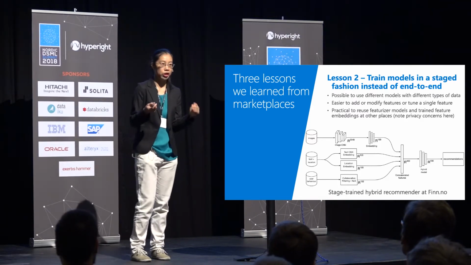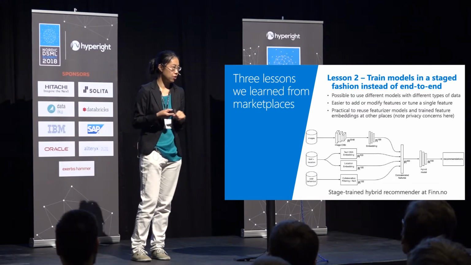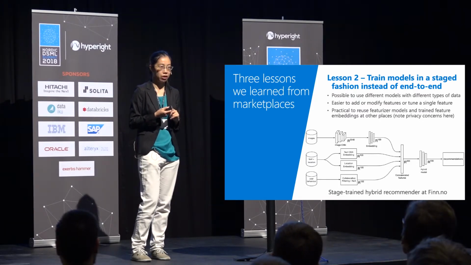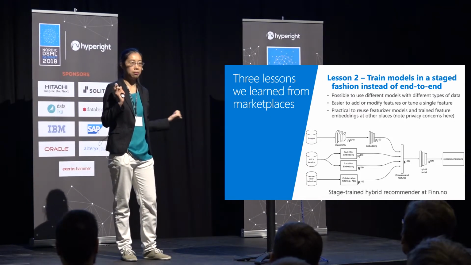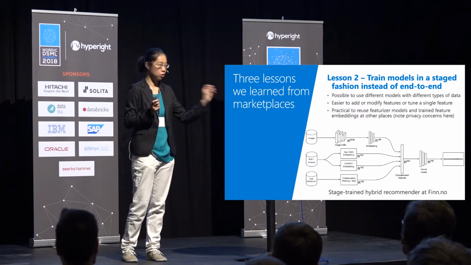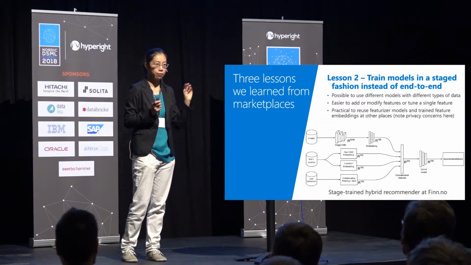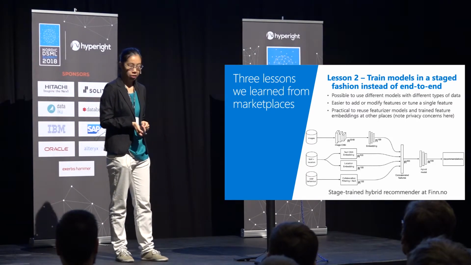Then we don't need to change the image part when we're training the text part. And the third thing is that we have different recommendations, both on the detail page and also on the front page. By training things in a staged fashion, we can reuse some of the featurizer models for both. We don't need to train twice.